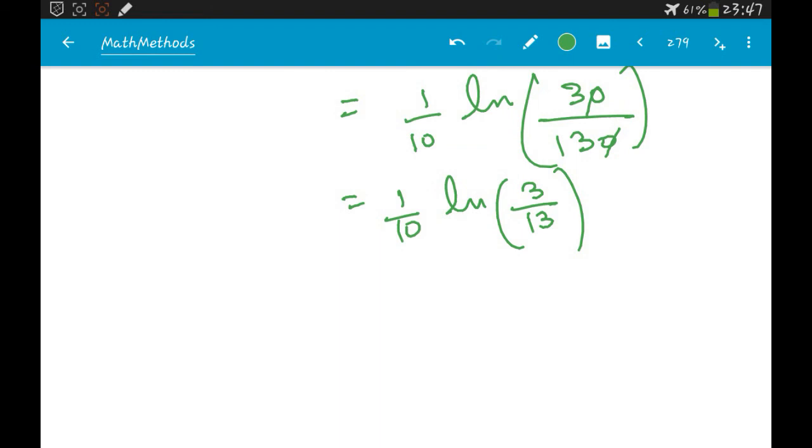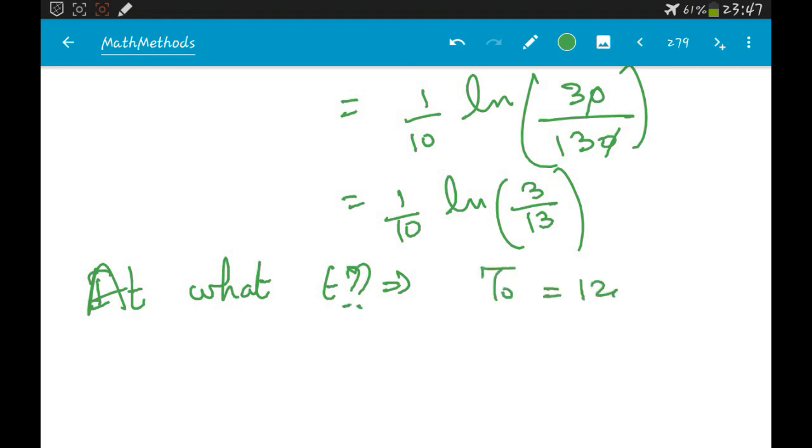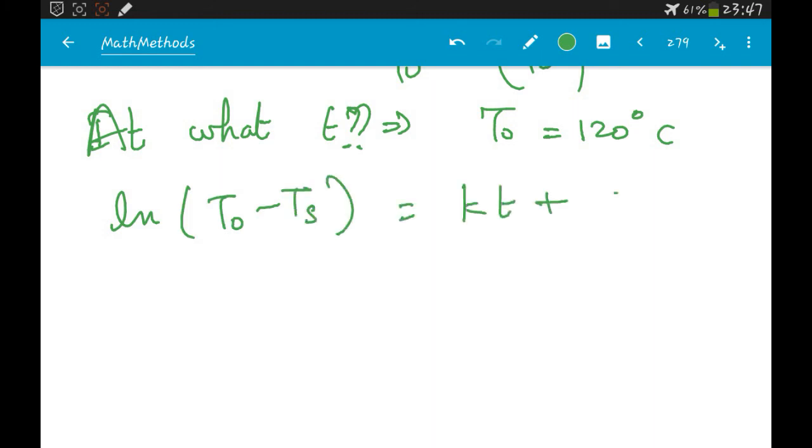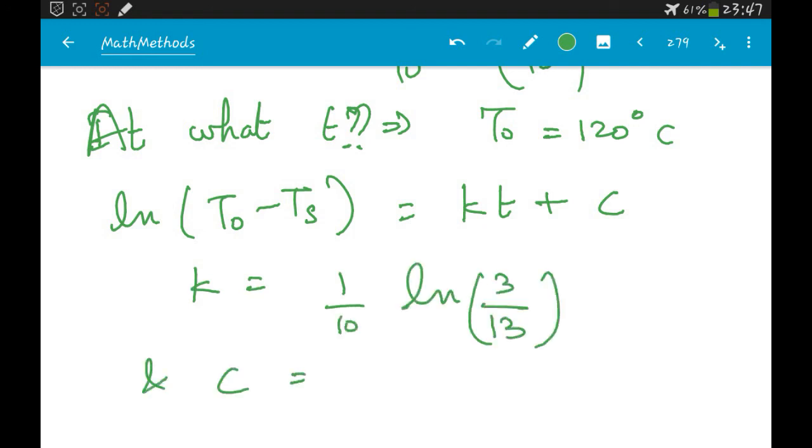Now we have to find out at what t, T0 is 120 degrees. Now you can find out easily, right? Because you know what the constants are. So the equation is ln(T0 minus Ts) is equal to Kt plus C, and K is 1 by 10 ln(3 by 13), and C is ln 130.